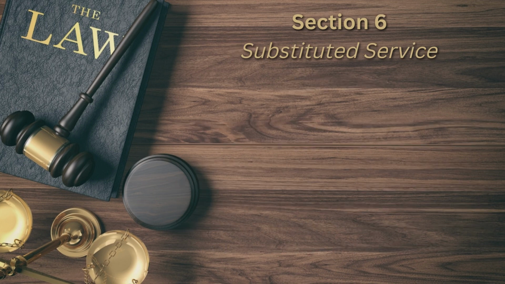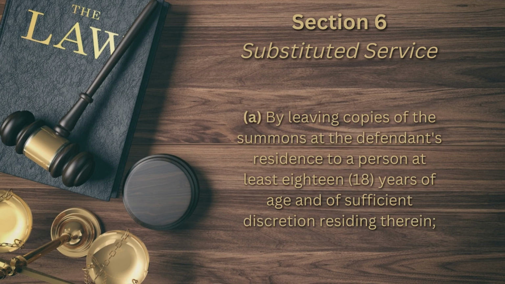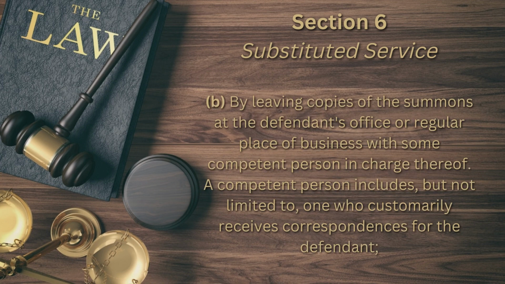Section 6. Substituted service. If, for justifiable causes, the defendant cannot be served personally after at least 3 attempts on 2 different dates, service may be effected by leaving copies of the summons at the defendant's residence to a person at least 18 years of age and of sufficient discretion residing therein, by leaving copies of the summons at the defendant's office or regular place of business with some competent person in charge thereof.